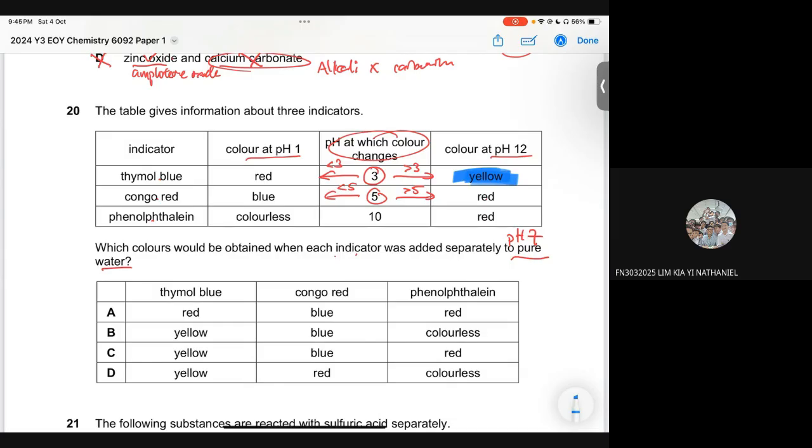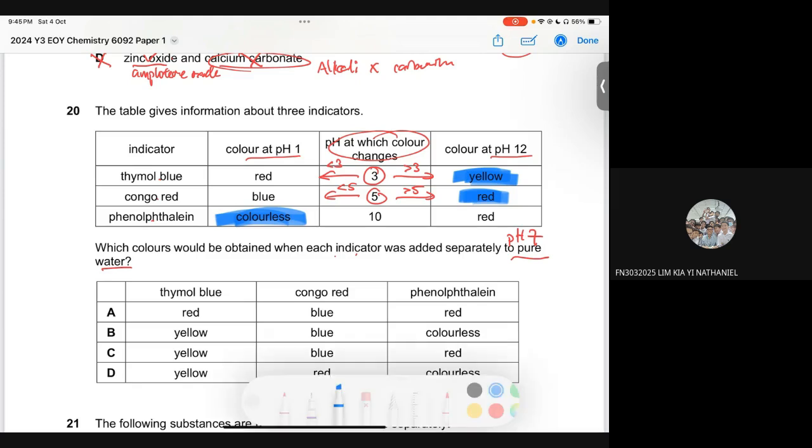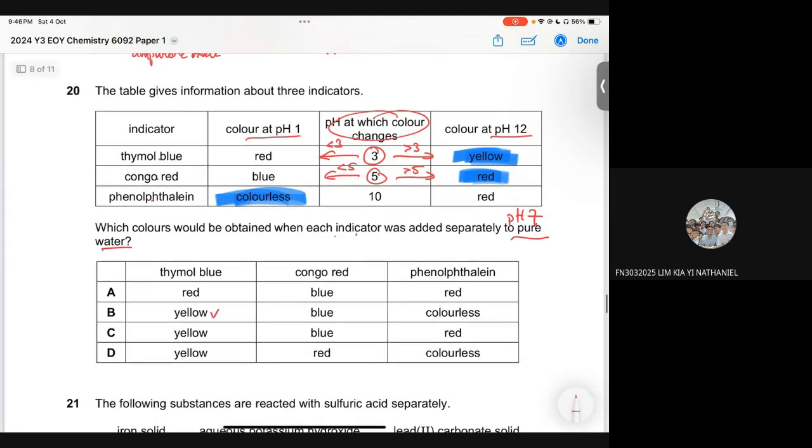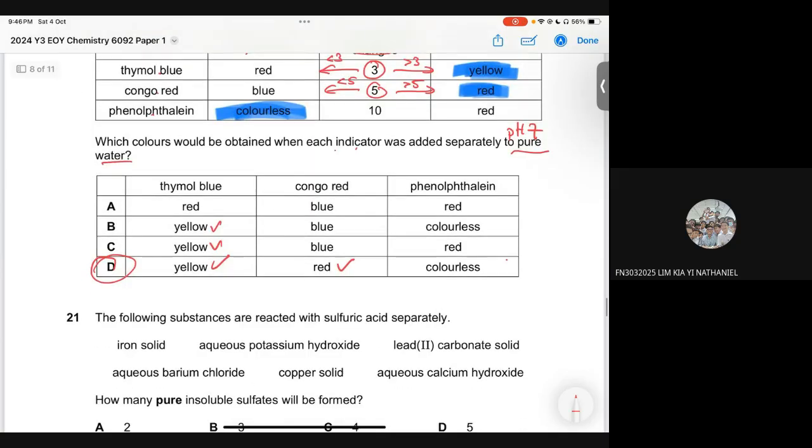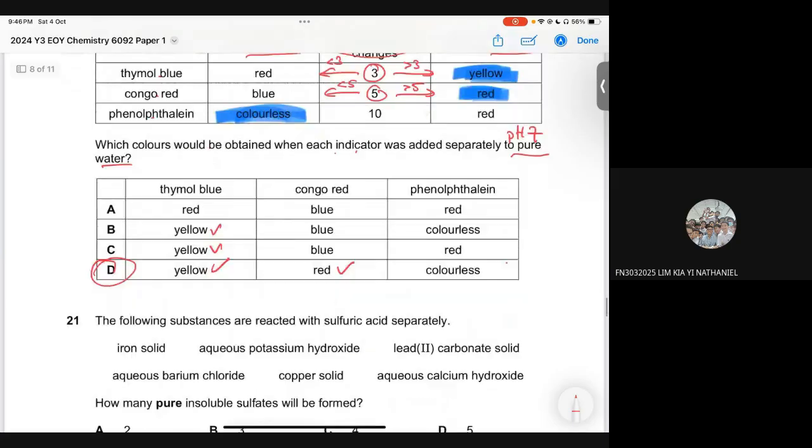Next, for Congo red, blue if it is less than 5, red if it is more than 5, so it will be red. Phenolphthalein is colorless below 10 and red above 10, so it will be colorless in pure water. So the answer will be yellow, red, colorless. So the answer is D. Actually the Congo red is a giveaway. So question 20, the answer is D.